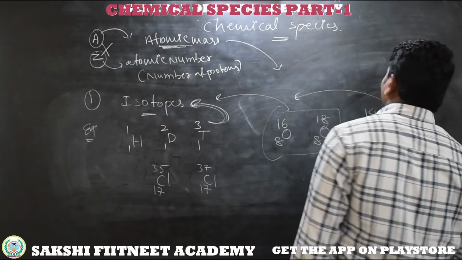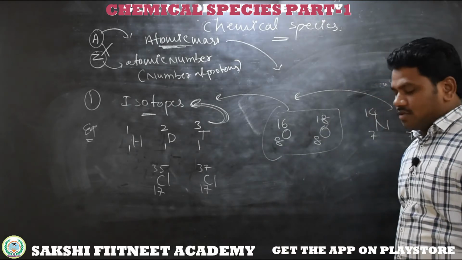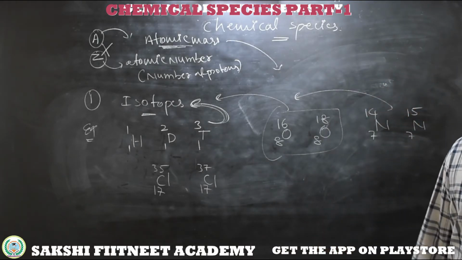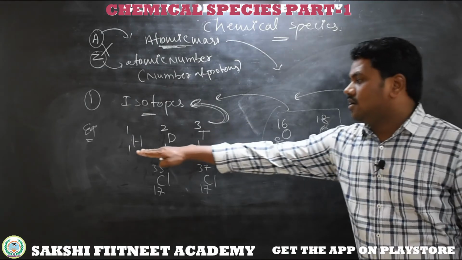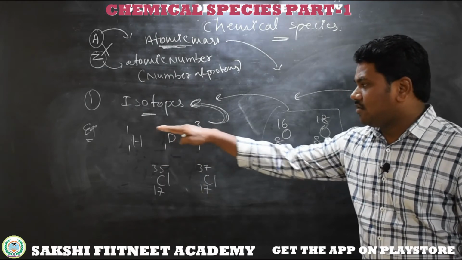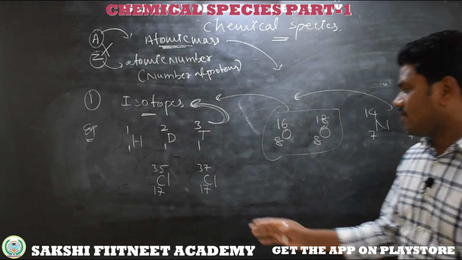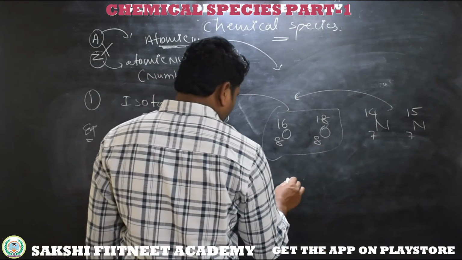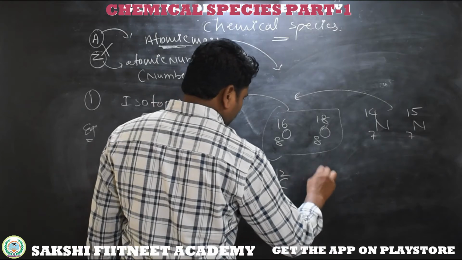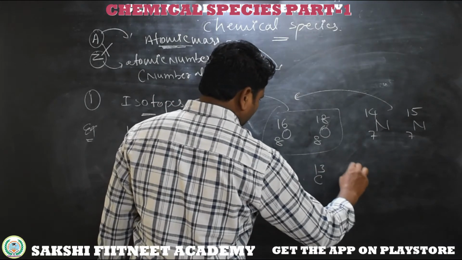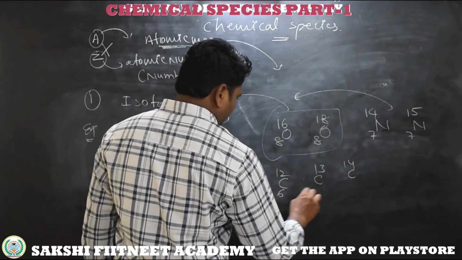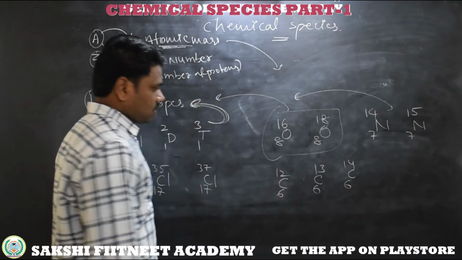These are called isotopes. We have different isotopes. So is it clear? The elements which have the same atomic number but different atomic mass. This is one example, second example, third example, fourth example, and here C12, C13, C14. The atomic number is the same, 6.